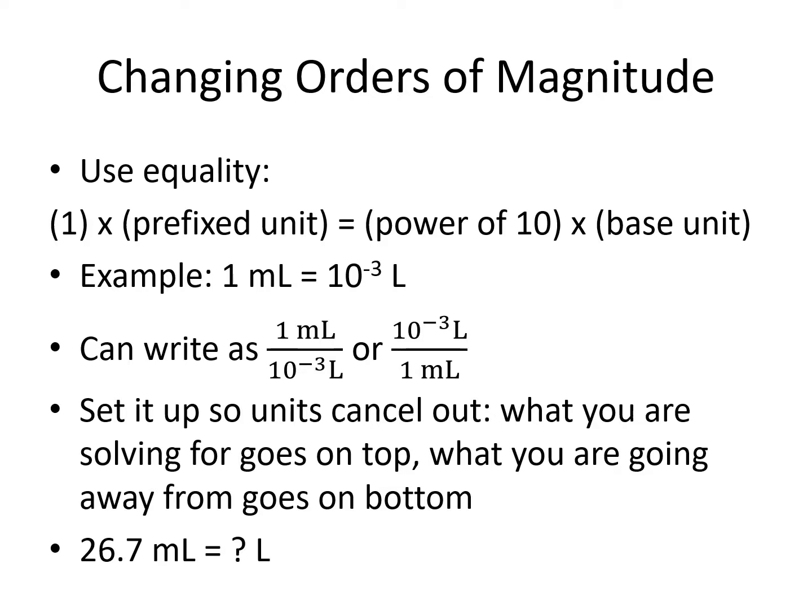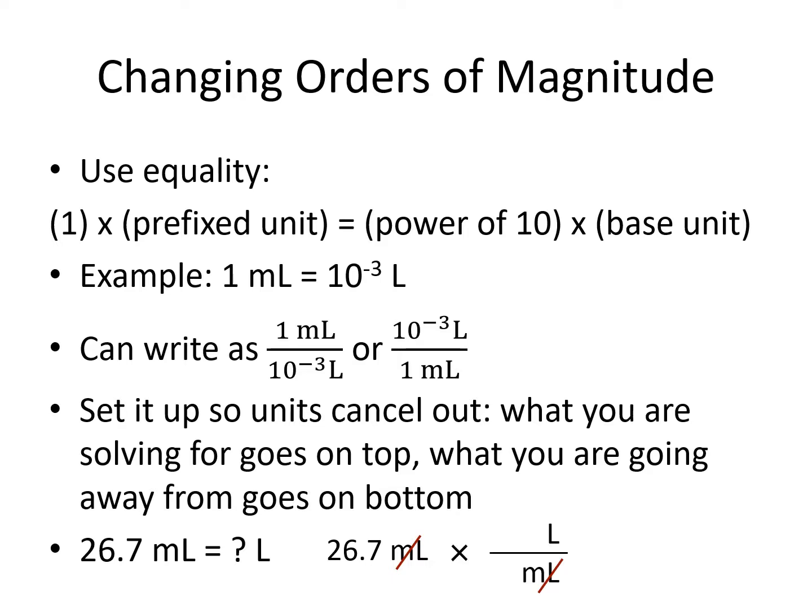For example, to go from 26.7 milliliters to liters, I would start by writing down the number I'm given, 26.7 milliliters. Then I would choose a conversion factor that has milliliters on the bottom to cancel out with the milliliters I start with. I would have liters on top, since that is the unit I am solving for.